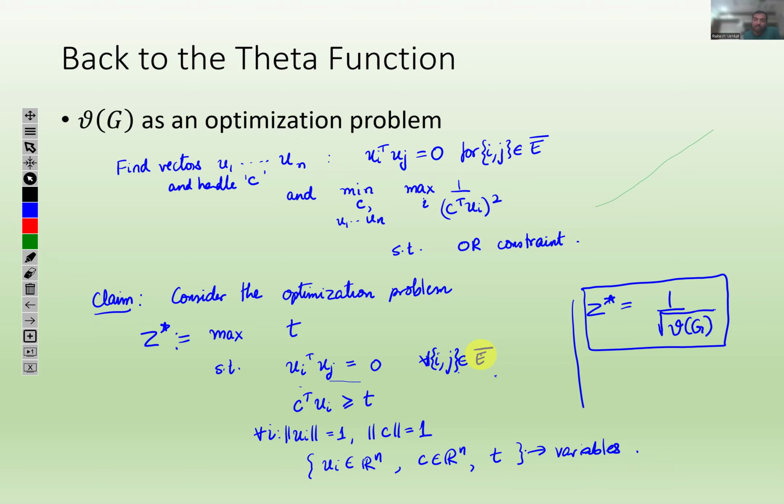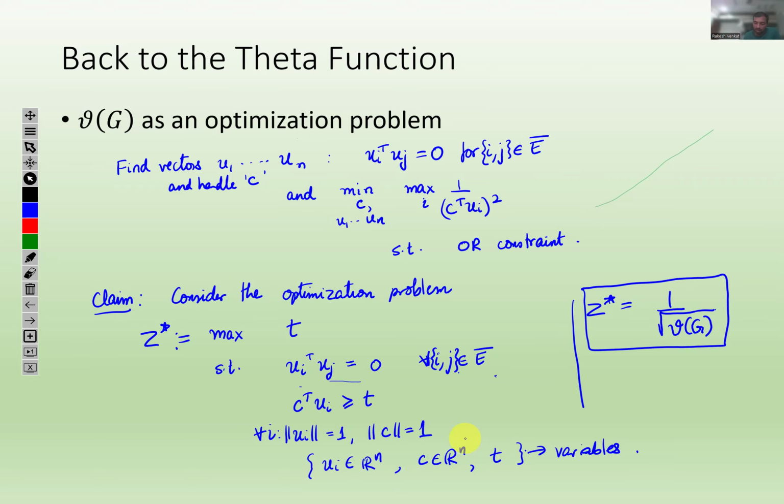Now, why is the objective value equal to 1 over square root theta of G? I've also said that they're unit vectors. C looks like the handle, right? But why is t equal to 1 over the square root of the value of the orthonormal representation?